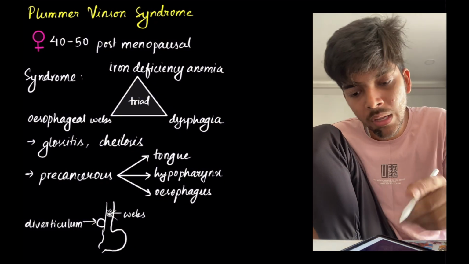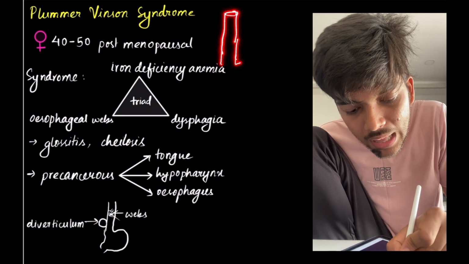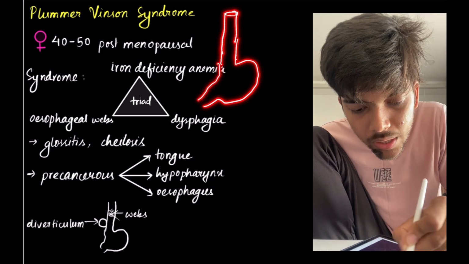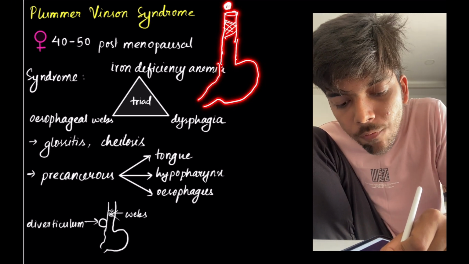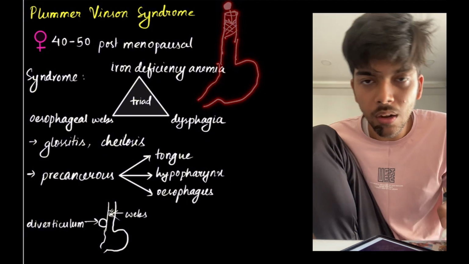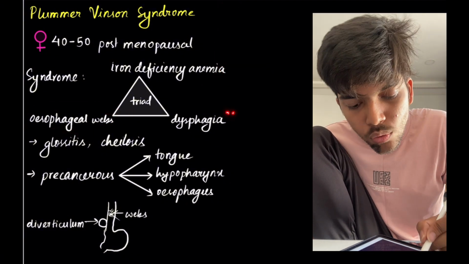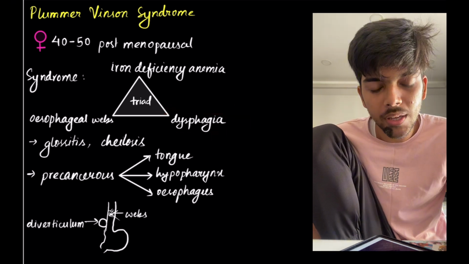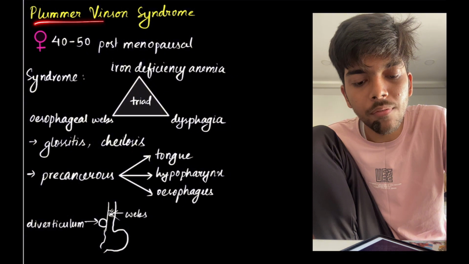Like what? So there's the upper esophagus, lower esophagus, and stomach. In the upper esophagus, a web is formed. Due to this web, swallowing of solid food becomes difficult. So esophageal web formation takes place and swallowing becomes difficult, or dysphagia. This triad of clinical features marks Plummer-Vinson syndrome.